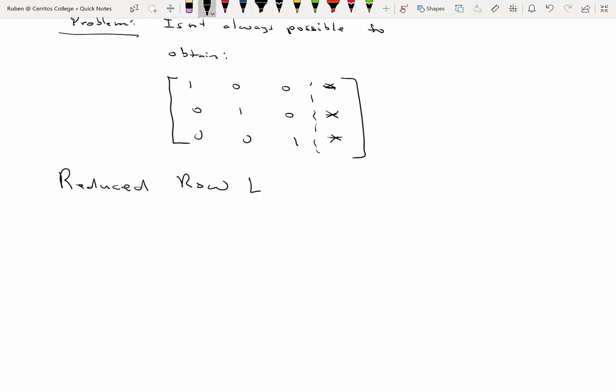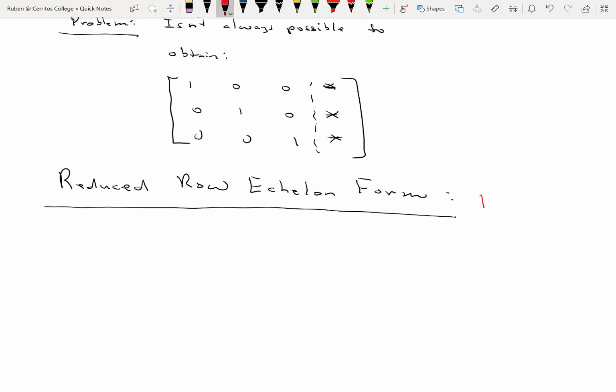It's called reduced row echelon form. The optimum form would be the one I just wrote above these words. But it's not always possible to get that nice, optimum form of reduced row echelon form. We're going to abbreviate this as RREF. RREF means reduced row echelon form.